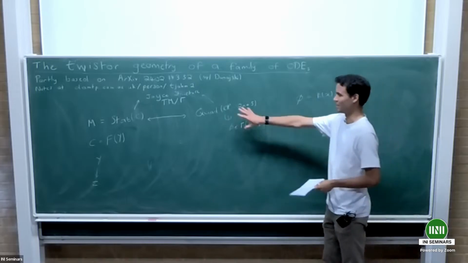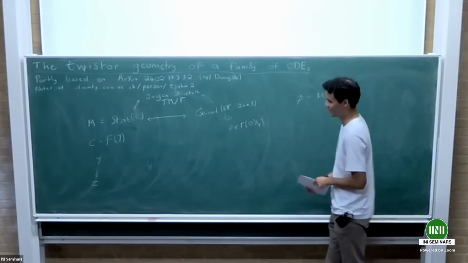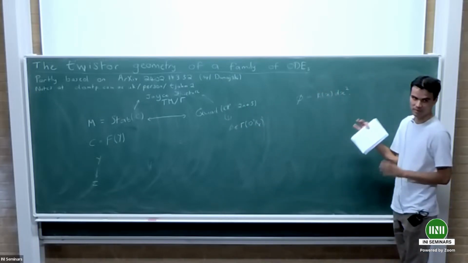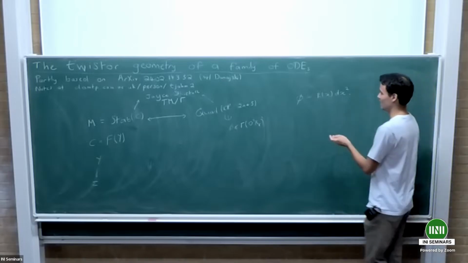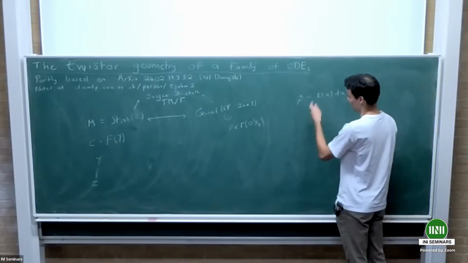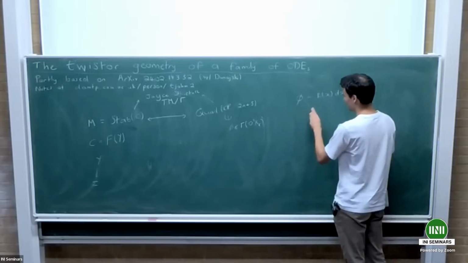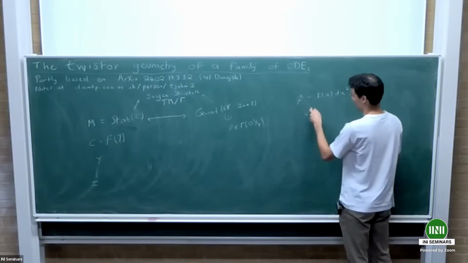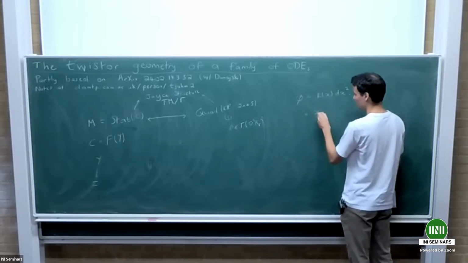So I may as well act by Mobius transforms to use up my gauge freedom to put these in some normal form. And in fact, I can always act by a Mobius transform so that the quadratic differential takes the following form.